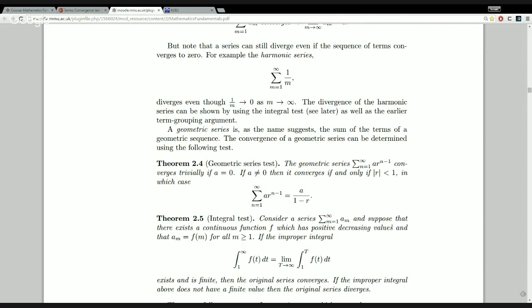Okay. So let's deal with all of these things and explain them. So first, there are some trivial cases to deal with. If a equals 0, this is kind of like the most boring series you can imagine. Because what is it equal to?